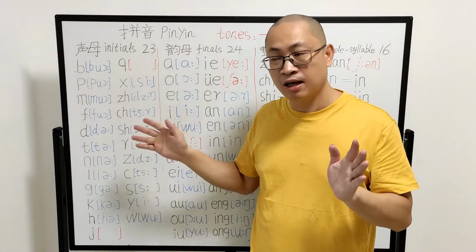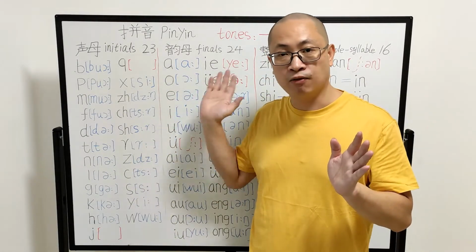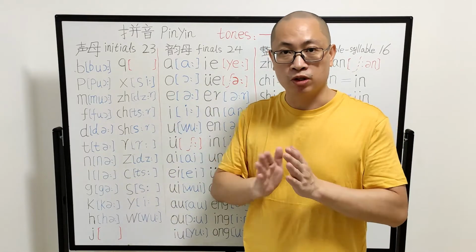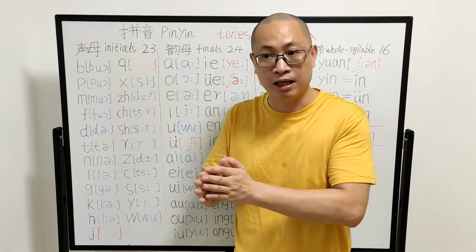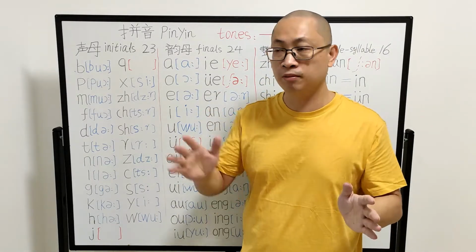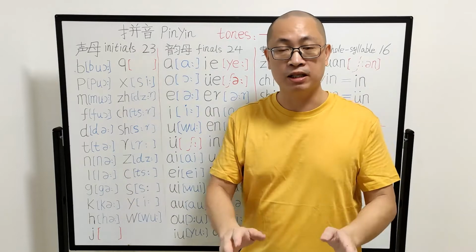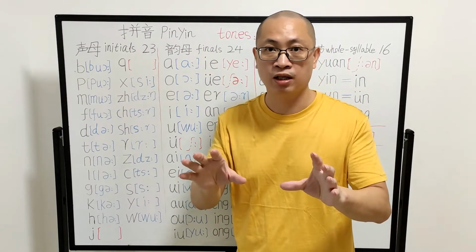Very simple. This Latin phonetic symbol system was created between 1955 to 1957 in China mainland, called Pinyin, literally meaning a spelling voice.